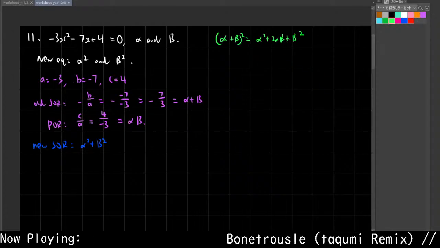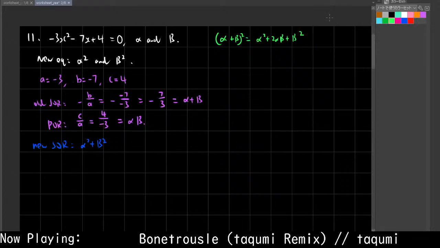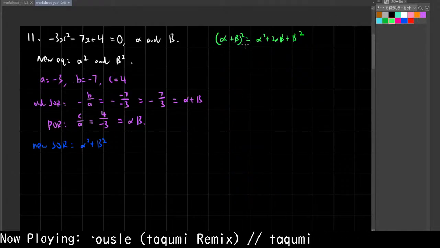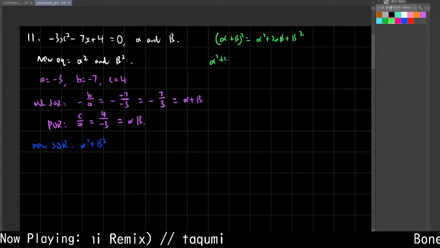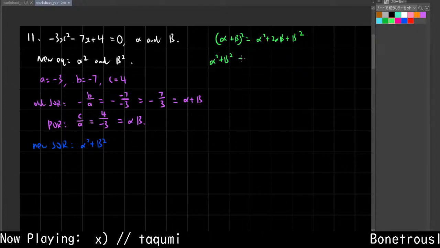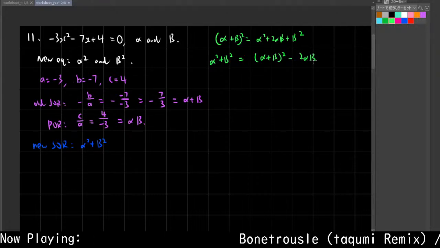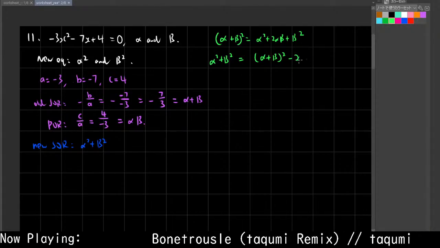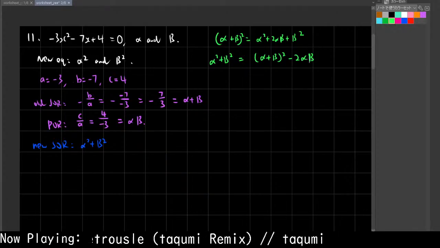If you expand (a plus b) squared, you will get this thing over here. So if you rearrange it, I can get alpha squared plus beta squared, a squared plus b squared, equals (alpha plus beta) squared minus 2ab. This is what I can get.